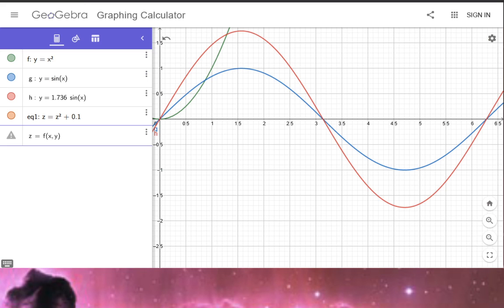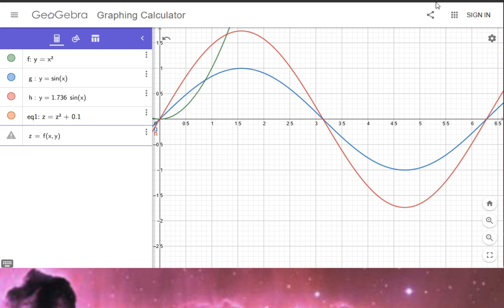Go back to this graph, and it starts at 0, goes to 90, goes to 180, goes to 270, goes to 360. That's the complete cycle.